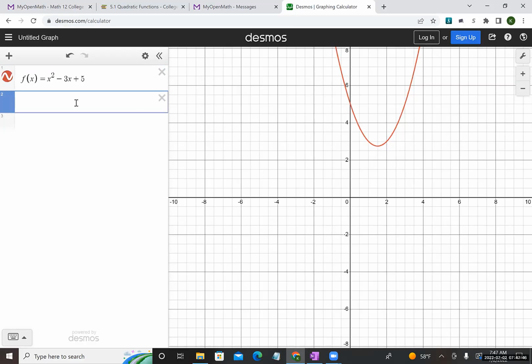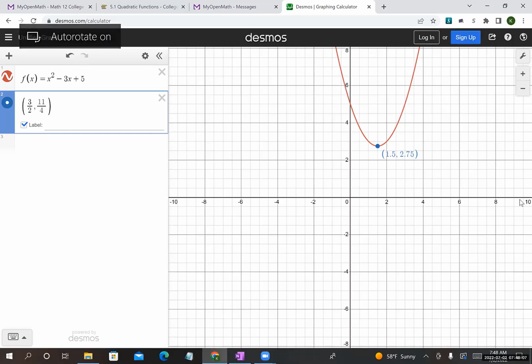If you don't trust me, you could actually put in the point here, like 3 over 2, comma 11 over 4. Label it on there. You can see that's where the vertex is, which is also where the line of symmetry is. So maybe we should mention that. I should have asked you to do that as well, I guess.